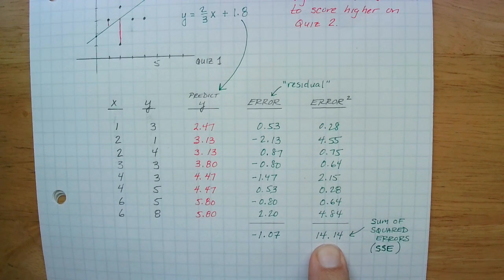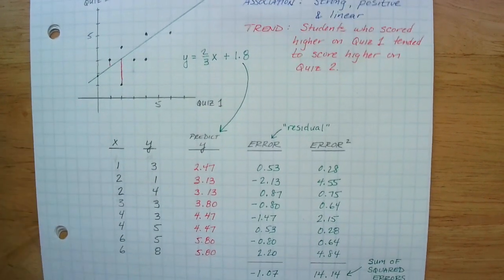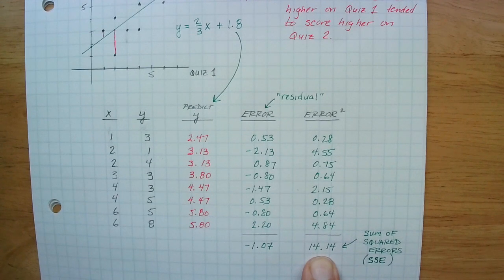And I wonder, is it possible to come up with a line whose SSE will be lower than mine? If you do, your line fits the data better than mine does. On the other hand, if your SSE is larger than mine, then my line fits better than yours.